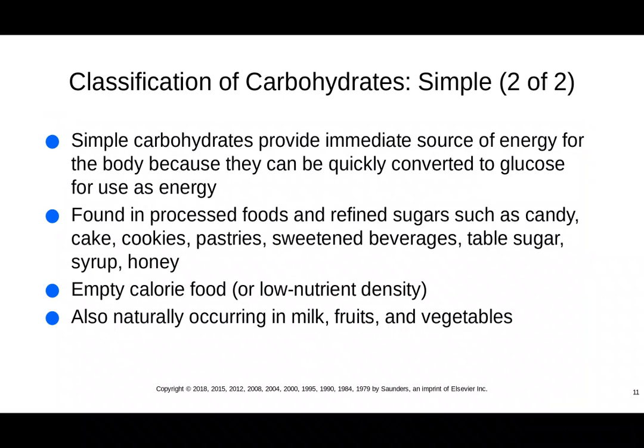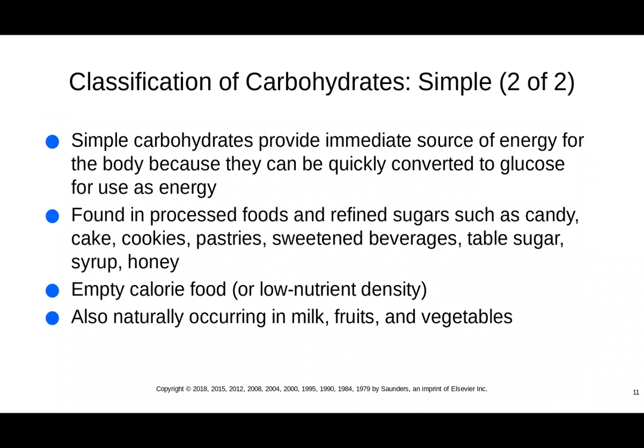These are found in processed foods and refined sugars such as candy, cake, cookies, pastries, sweetened beverages like sodas, and then just table sugar, syrup, and honey. So these are really empty calorie foods or low nutrient density. So we'll talk more about density later on, which basically means that they're not really doing a lot for us in the long term, right?